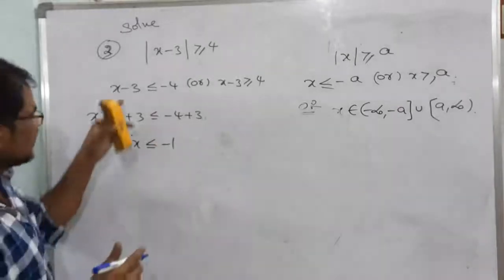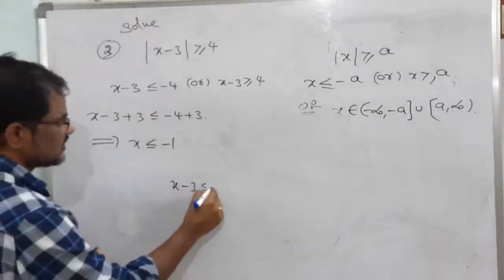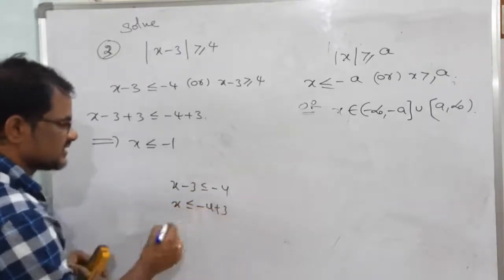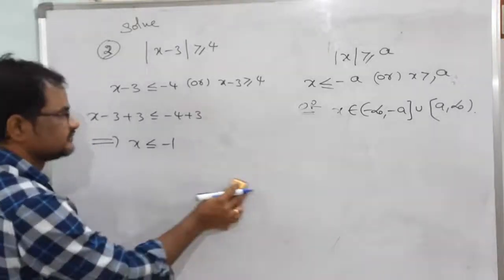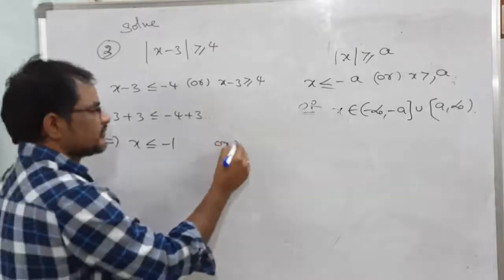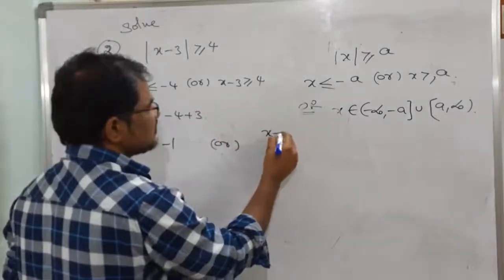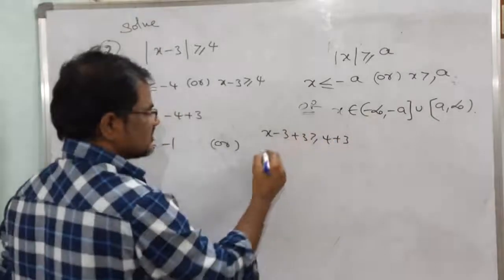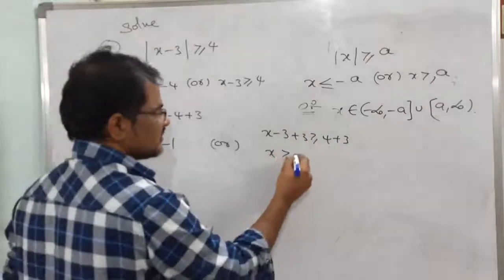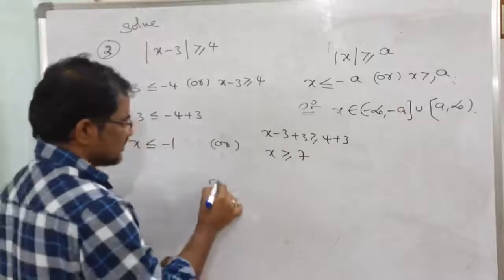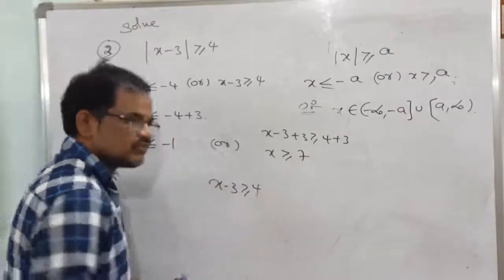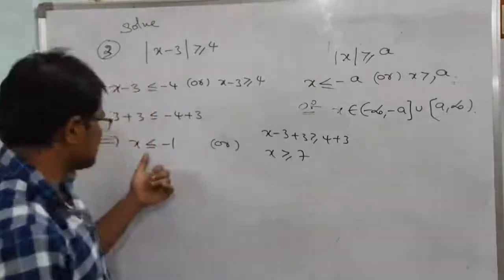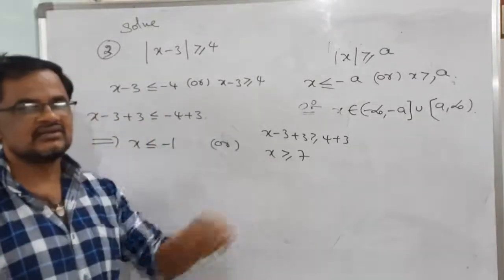Or this one, x minus 3 plus 3 greater than or equal to 4 plus 3. So these 3 get cancelled, greater than or equal to 7. So x less than or equal to minus 1 or greater than or equal to 7.